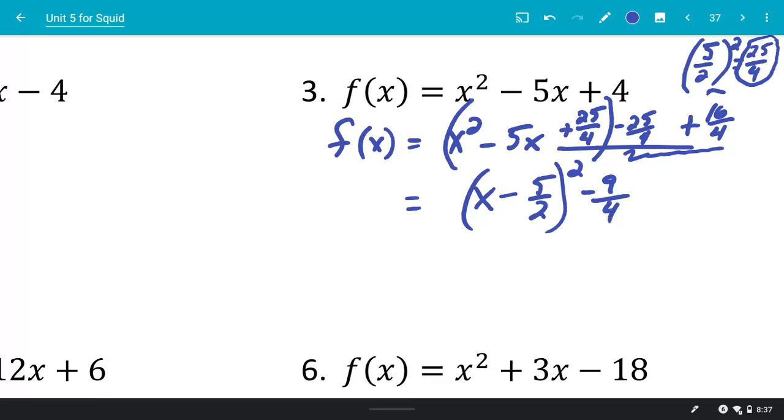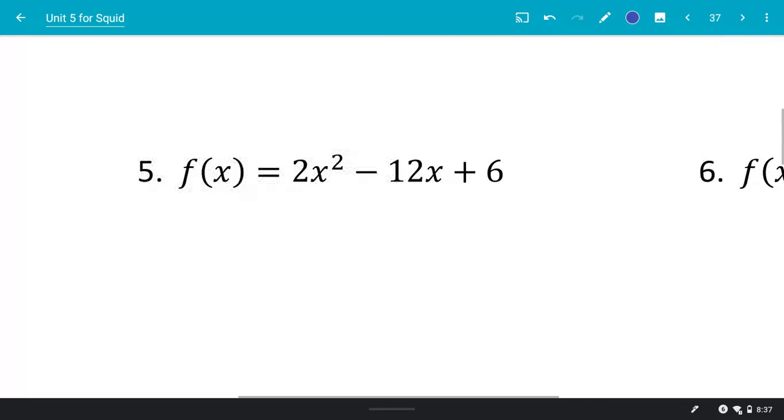What is my vertex then? 5 halves and -9 fourths. I know, you guys are going, did I do anything different? No, it just has fractions in it. No big deal. I'm going to jump to number 7 and do it, and then I'll come back and do 5, 9, and 11.